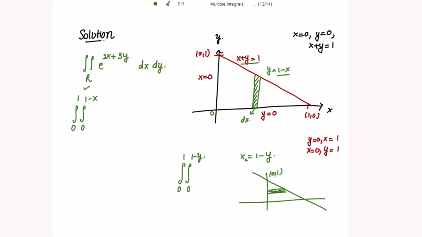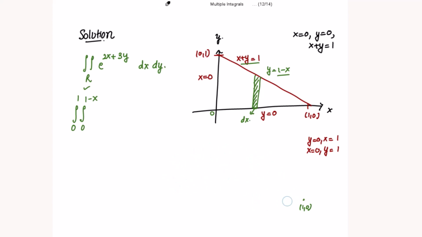This is your 0, 1 point and this is your 1, 0. Because now your x is given in terms of y, your y1 and y2 are constants, so you take dy outside and dx inside, and then you integrate. In both cases you will get equal answers. You can check both cases.